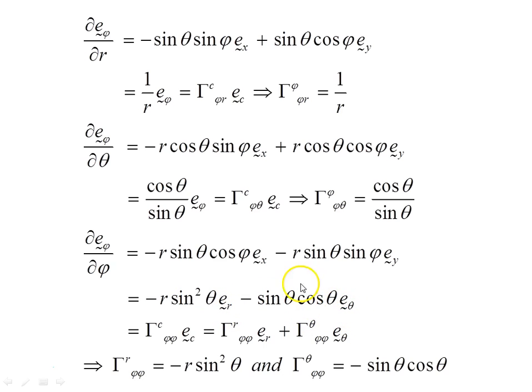A bit of playing around will give you this result here, and that tells you that the Christoffel symbol, gamma c phi phi e c, has to be summed over two values for c, that's r and theta. And so what that tells us then is that gamma r phi phi is minus r sine squared theta, that's this object here, and gamma theta phi phi is this object here, so minus sine theta cos theta.